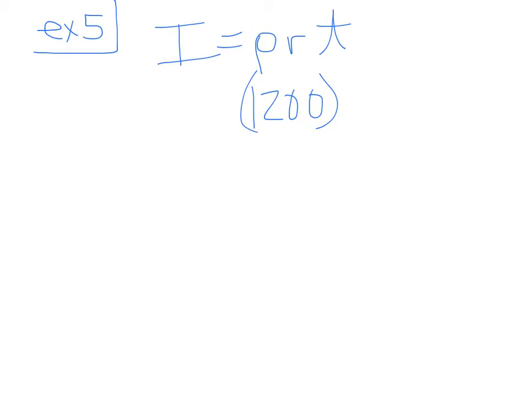That's principal. R is the rate, the interest rate, and a rate is always the percent. And so they have 6.5%. You have to take that to a decimal. So it ends up being 0.065.